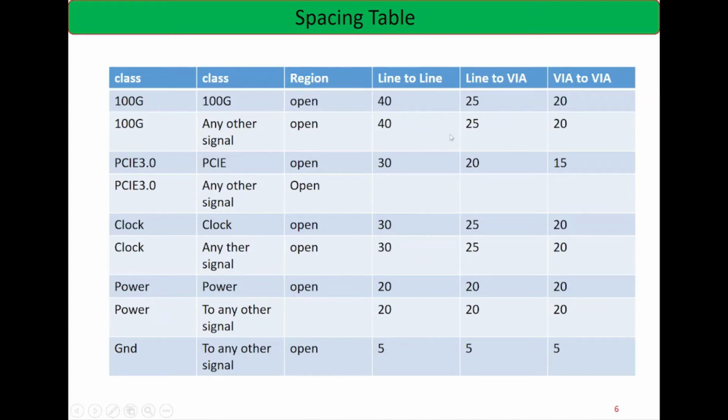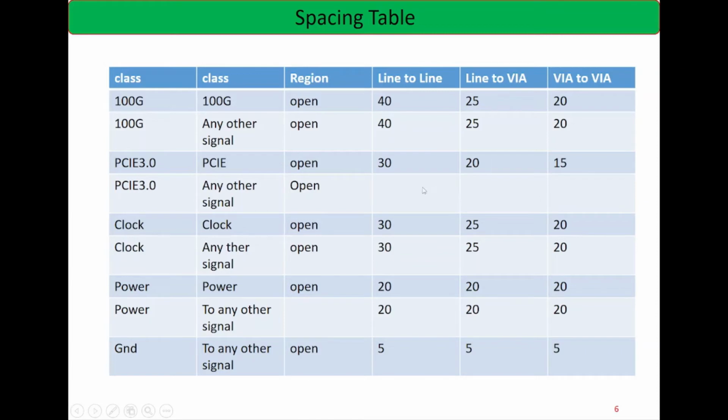I forgot to mention here, but these values are in mils. Then PCIe 3.0 in the open region has around this value. PCIe to any other signal has the same value: 30, 20, 15.